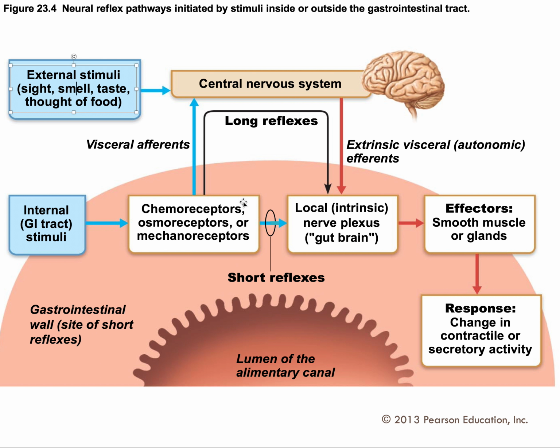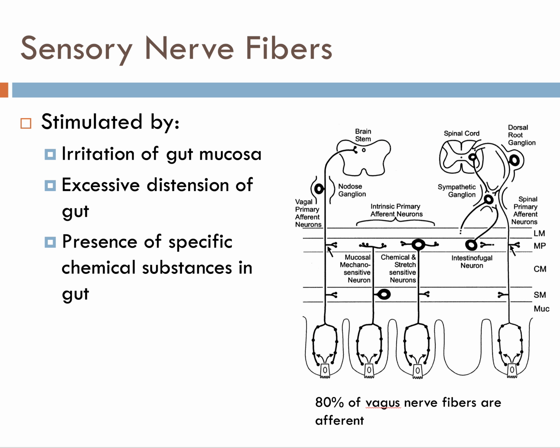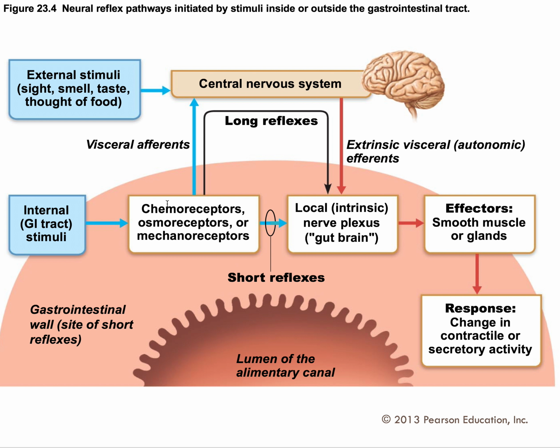There's also little short reflexes that we looked at the picture of with the neurotransmitters up here and then looked at here. So the short reflexes are like, oh no, the pH is off, let's not empty any more food out, or we have way too much water down here, let's not empty anything, or there's already food here.